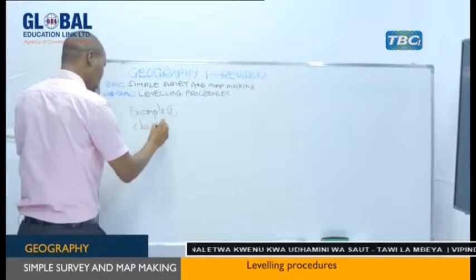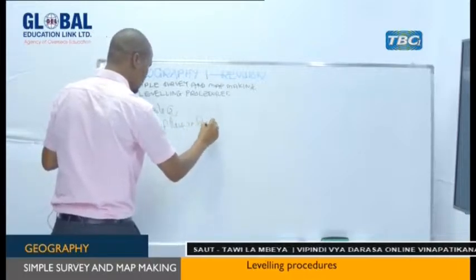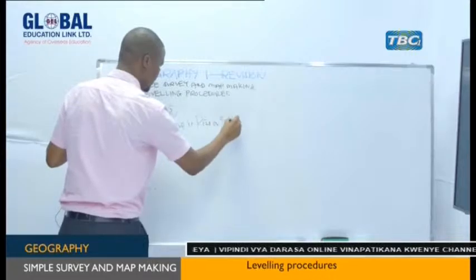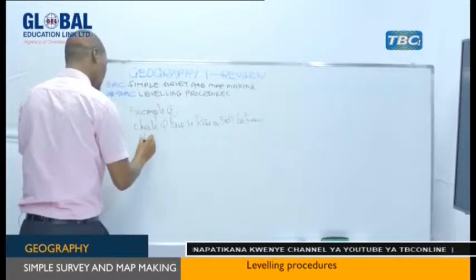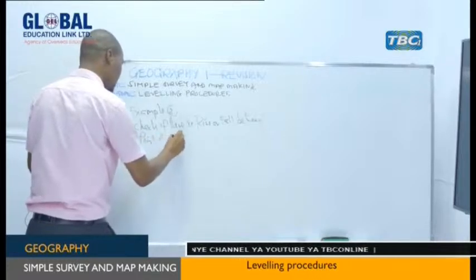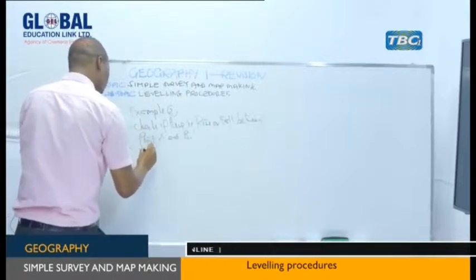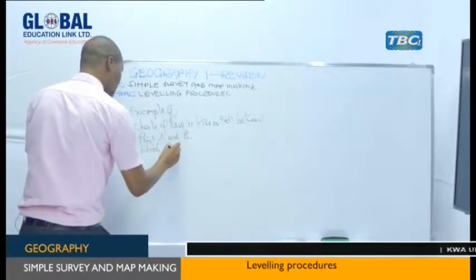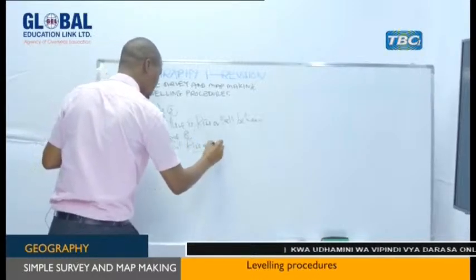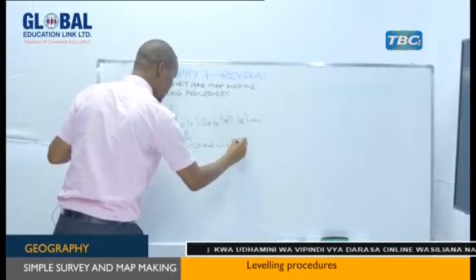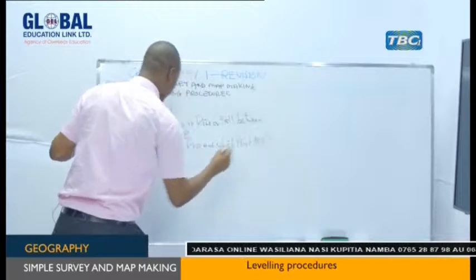Check if there is rise or fall between point A and B. Check if there is rise or fall. Then which point is rise and which point is fall. See, which point rise and which point fall.